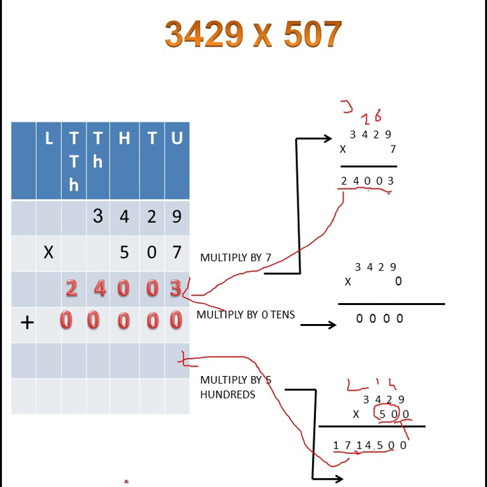Then I will get the 3 values. Then we add these values, and we will get the answer. 3 plus 0 equal to 3. 0, 0, 0 is equal to 0. 0 plus 0 plus 5 is equal to 5. 4 plus 0, 4 plus 4, 8. 2 plus 0, 2 plus 1, 3. 7 here and 1 here.